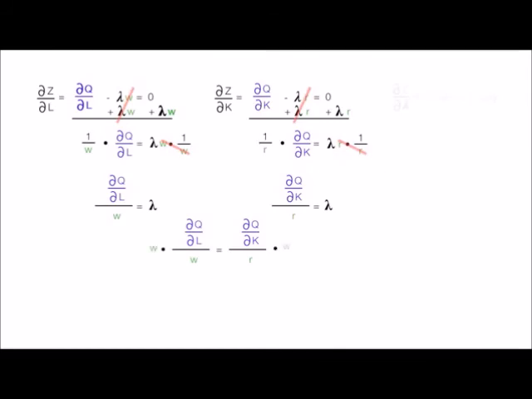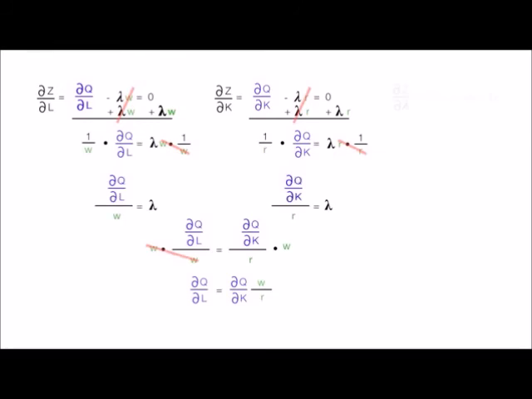So now I multiply both sides of the equation times w. So those w's cancel out. So I'm left with the partial derivative of Q with respect to L is equal to the partial derivative of Q with respect to K times w divided by r.